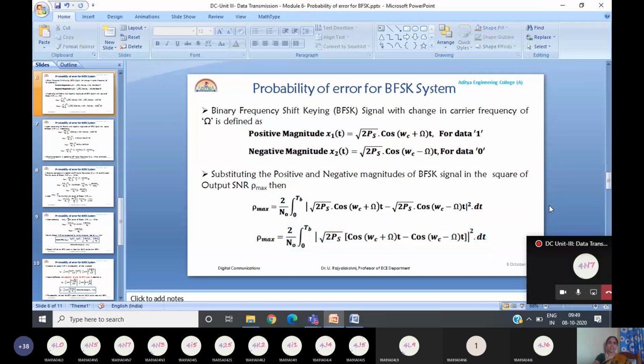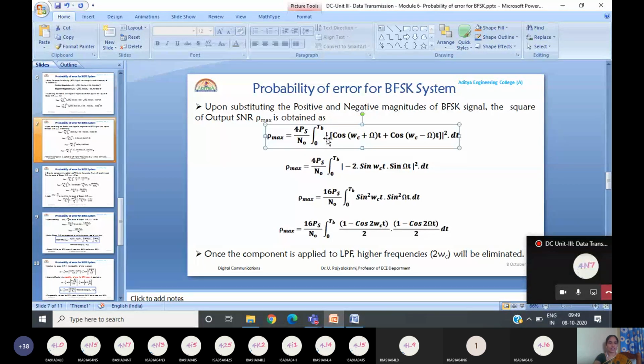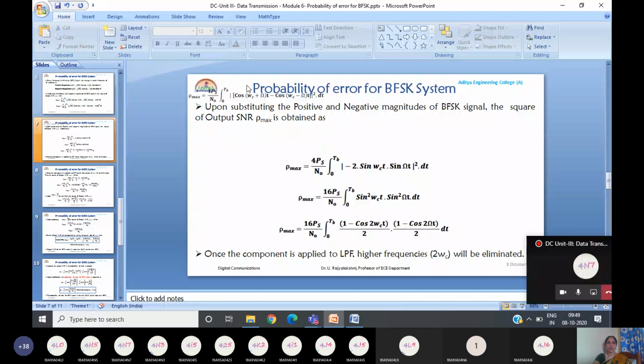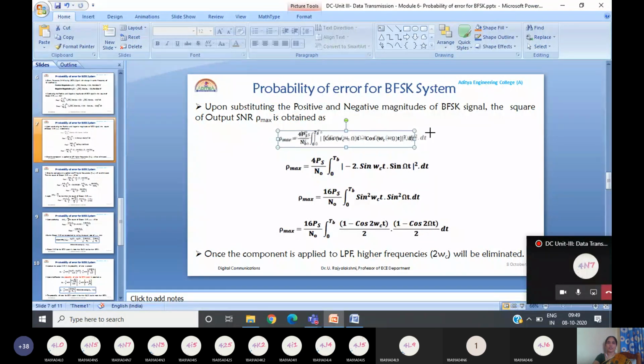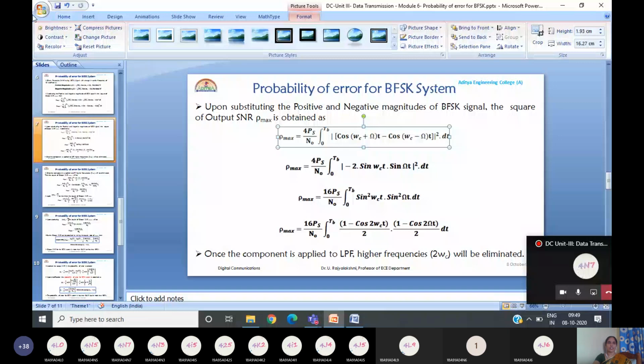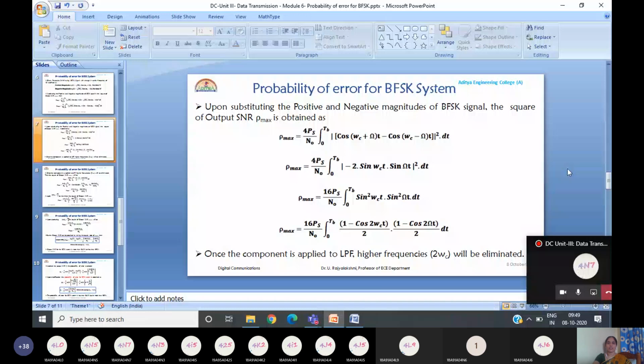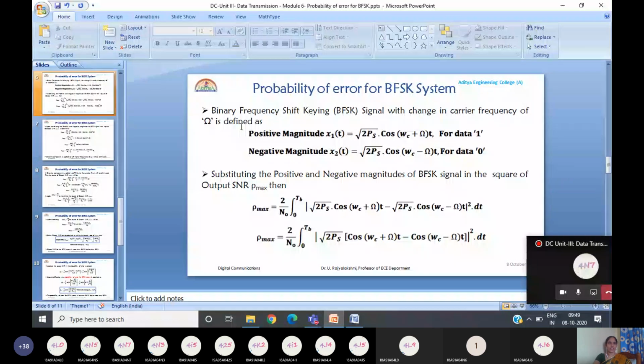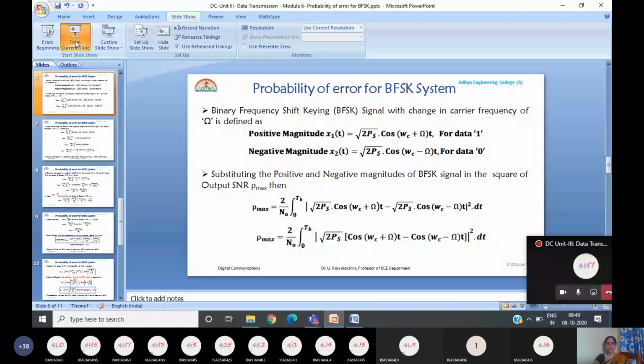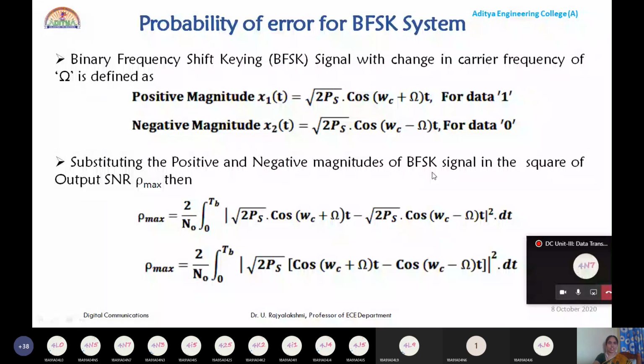So you will get it as 4 Ps by N naught. Please all of the students substitute the value of x1 of t and x2 of t in the expression. Okay, so that's all. Actually I kept negative, so instead of negative I kept positive. Here you can see. Now you can check here.